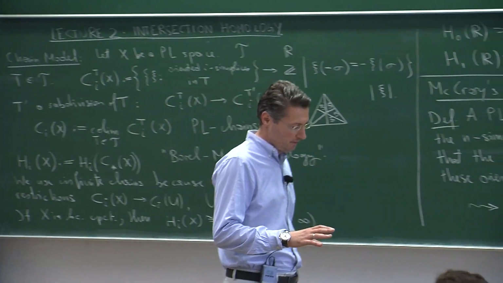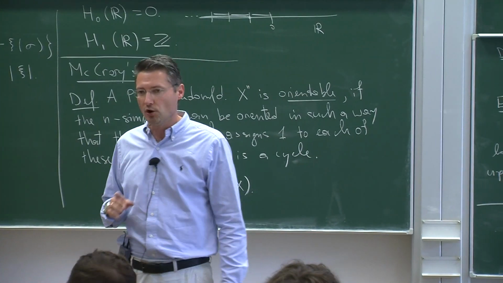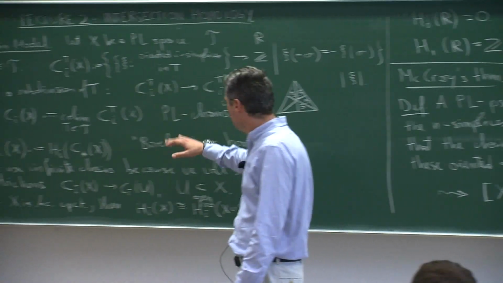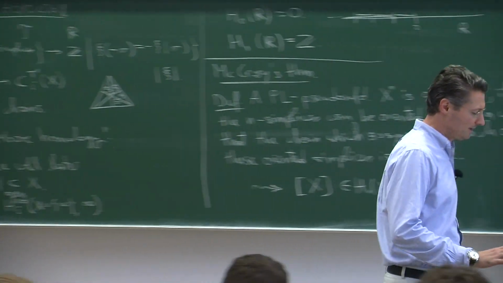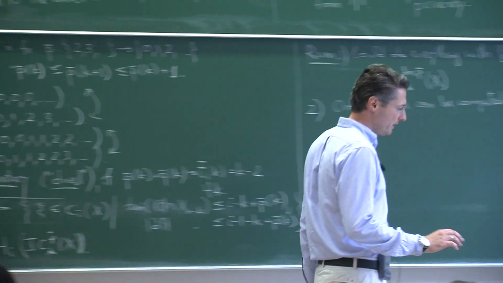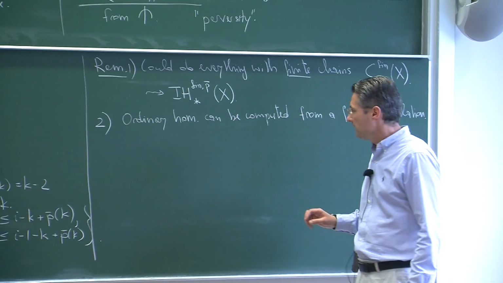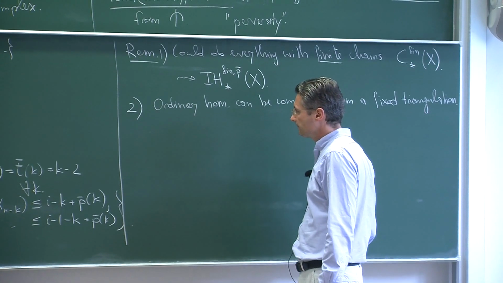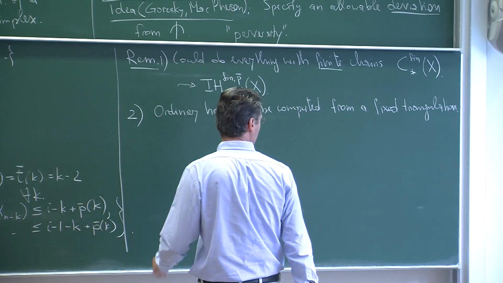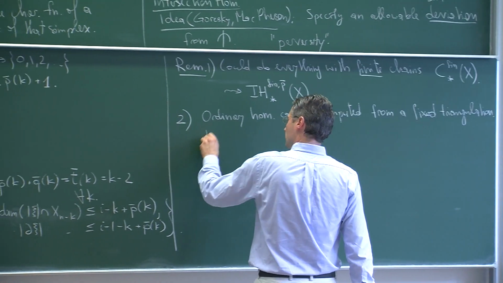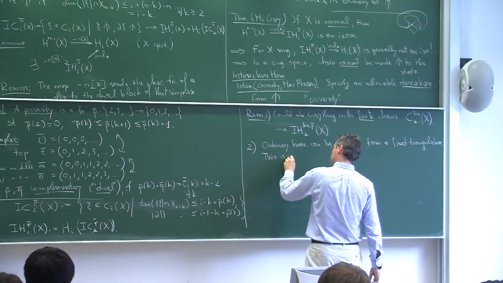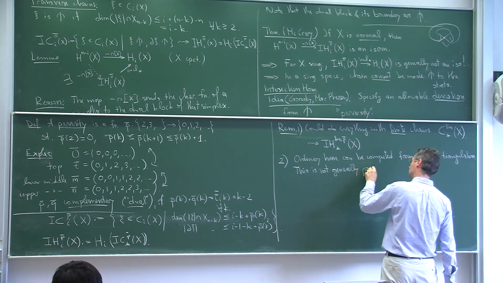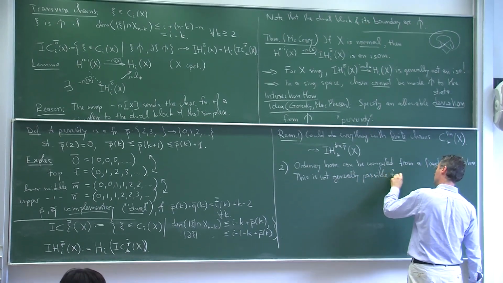So this is actually not true, unfortunately, for intersection homology, and so we really have to do this. So that's a little kind of a subtlety, although one can analyze exactly what one can say about fixed triangulations. And so the remark then is the following. So this is not generally true, not generally possible for intersection homology.